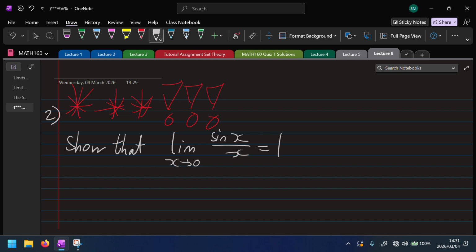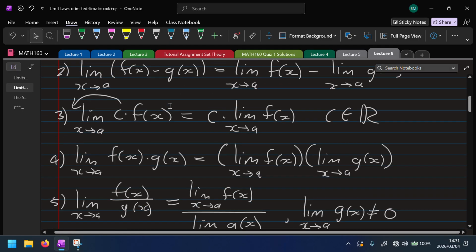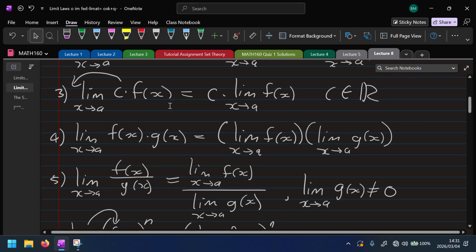Okay, so we can't split this up into parts like we had last time. If we have the limit of the top and the bottom, what happens to the bottom? The limit as x goes to 0 of x is 0. The bottom is 0. We cannot use that limit law, right? We go back up a little bit here. Limit law number 5: the bottom cannot be 0. If it's 0, we cannot use the limit law.